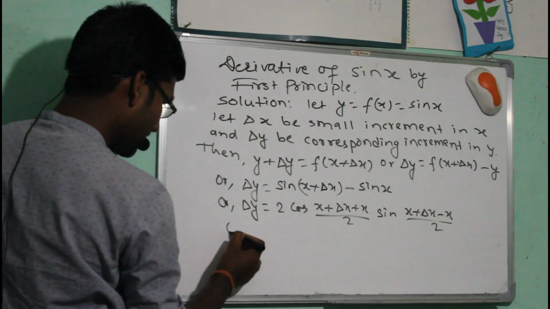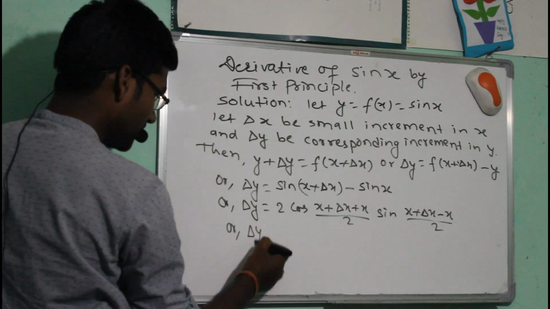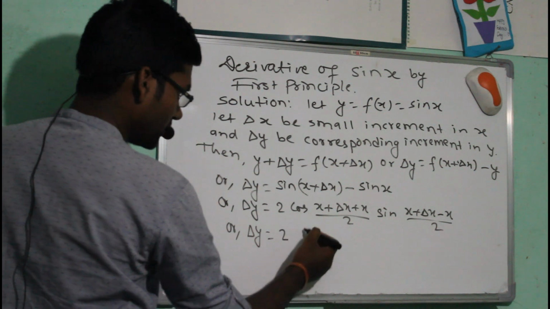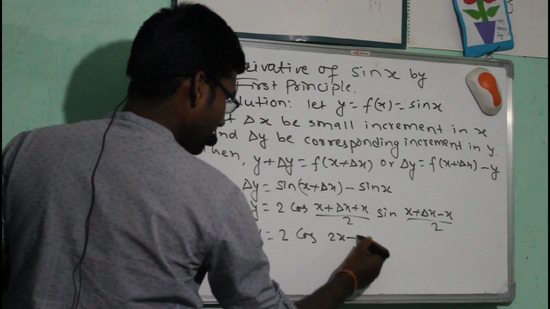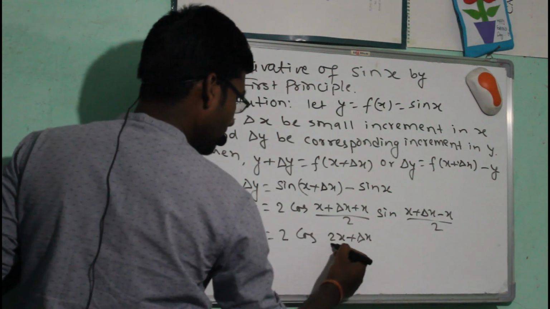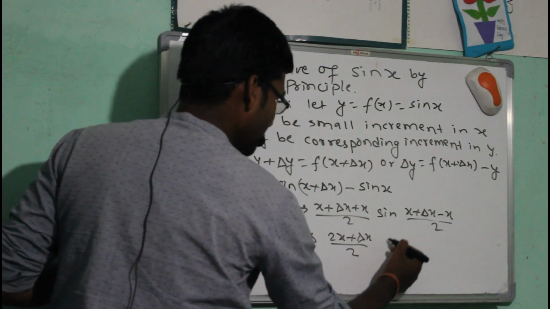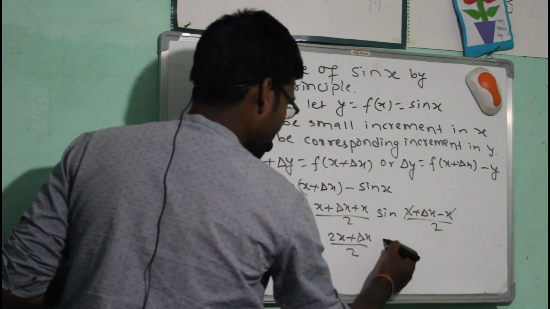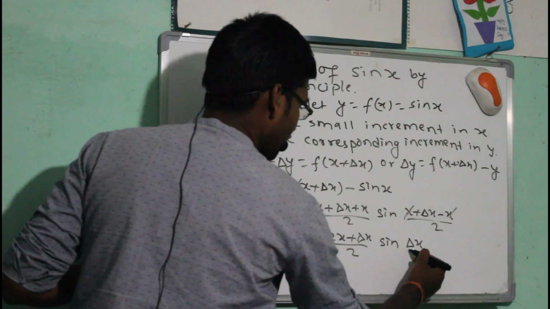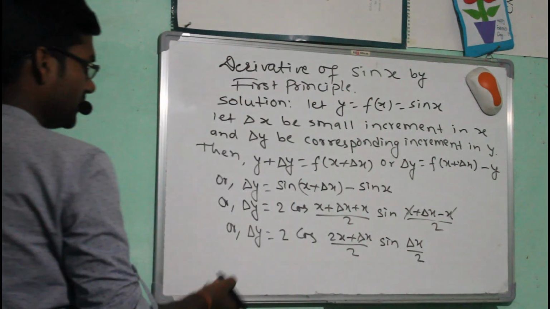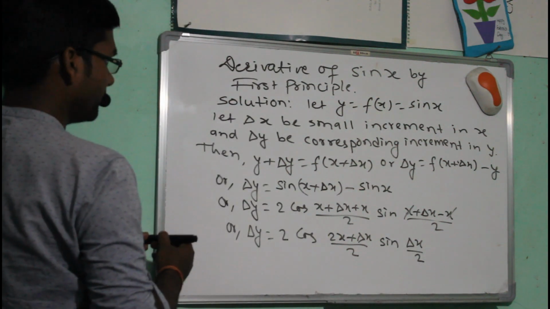So what we are getting here after simplifying is 2 cos((2x plus delta x) by 2), and here x and x cancel, so we'll get sin(delta x by 2). This is the value of delta y.